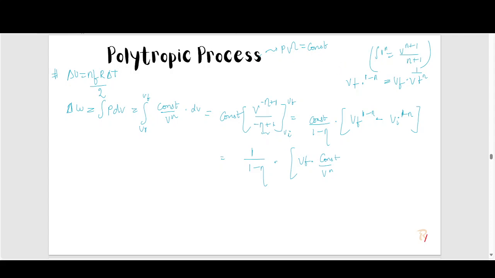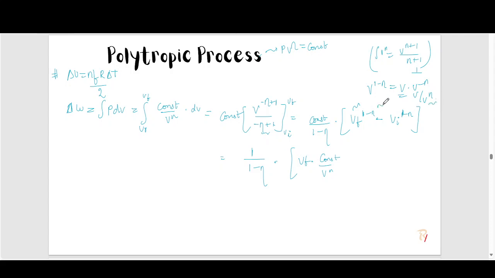I will clearly explain this. V to the power of 1 minus n gives us V into V to the power of 1 minus n, V by V to the power of n.